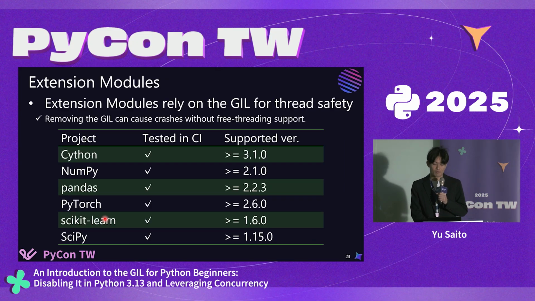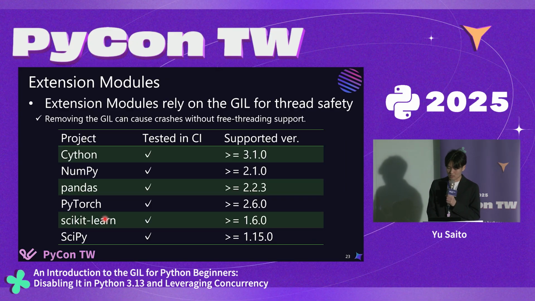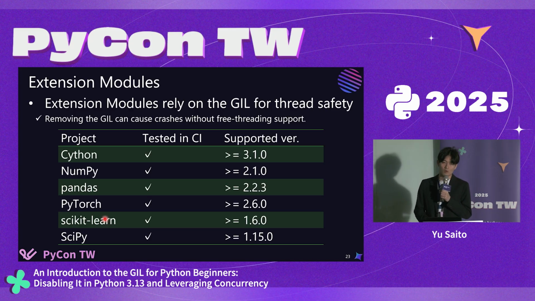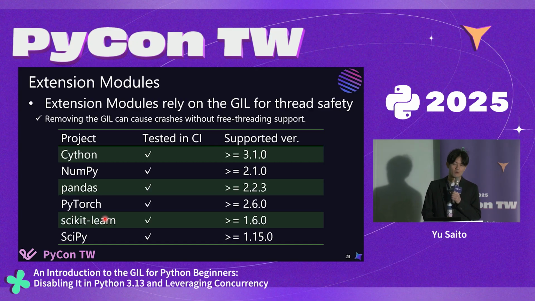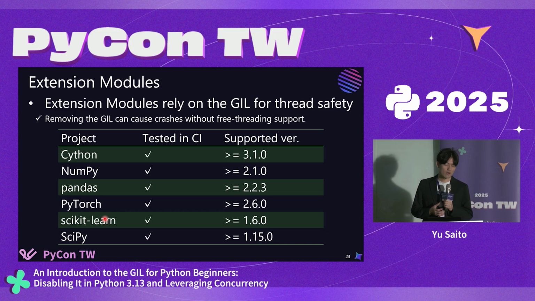The first consideration point is extension modules. It is necessary to check the version of the library you use. Since extension modules were developed based on the thread safety of the GIL, some module versions may not support it and may not work as expected when the GIL is disabled.